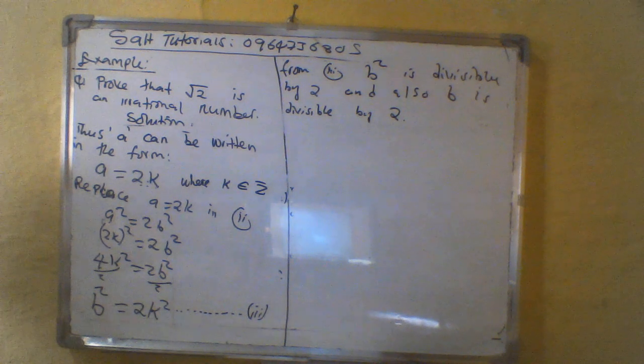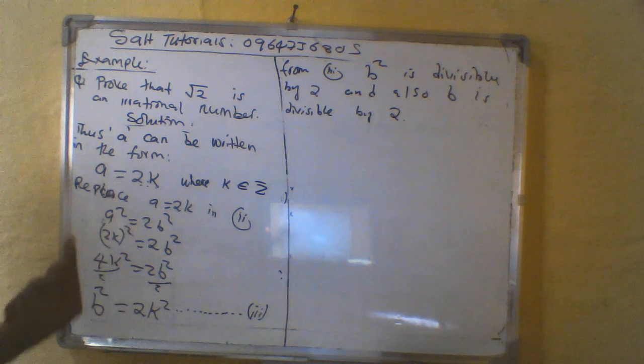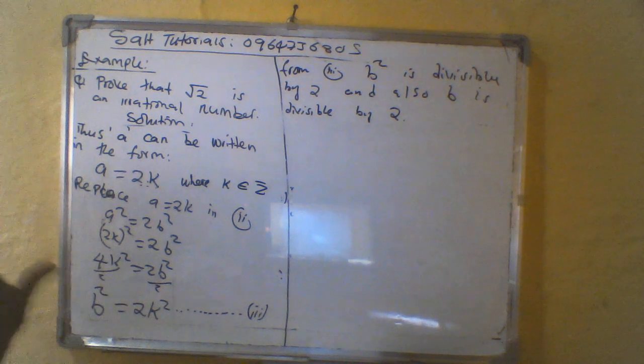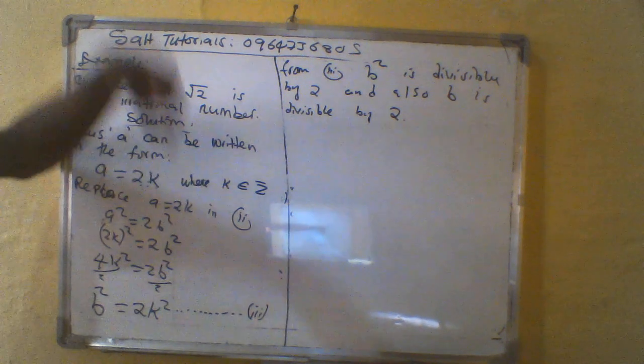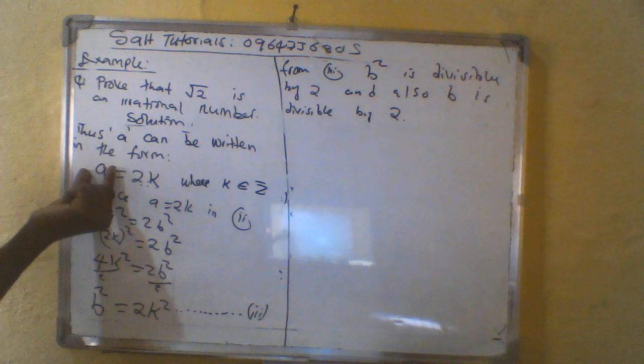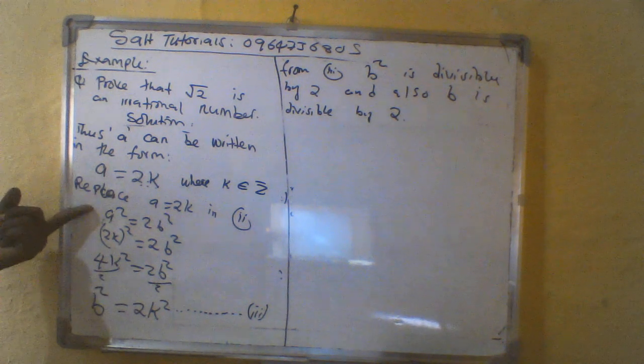So if b squared is divisible by 2, even b also has a factor of what? Of 2. Everything. So from this, remember in the first place, we saw that a was also divisible by what? By 2.